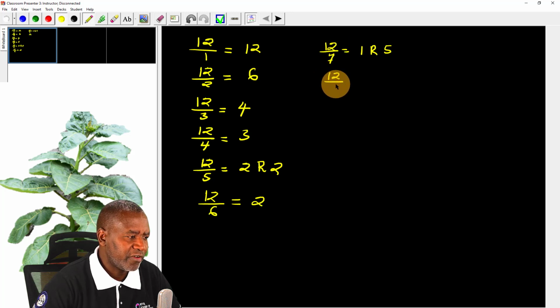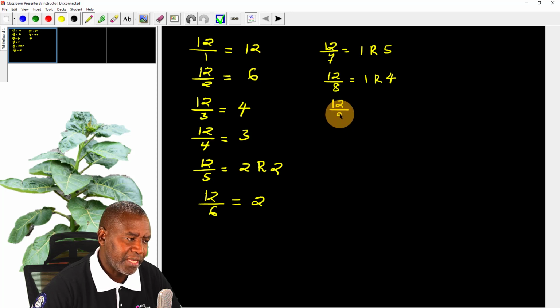We divide 12 by 8, there will be 1, remainder 4. Again, 8 is not a factor of 12. If we divide 12 by 9, we are going to get 1, but there is a remainder 3.